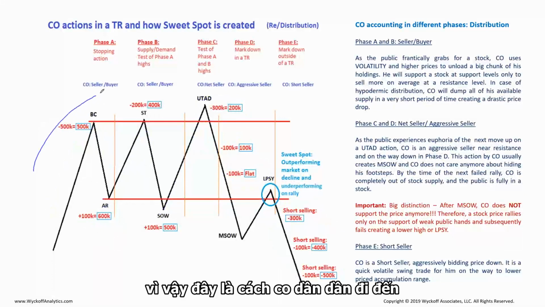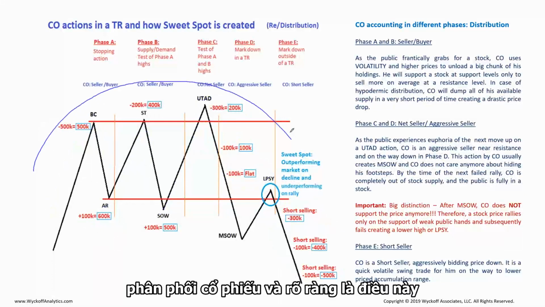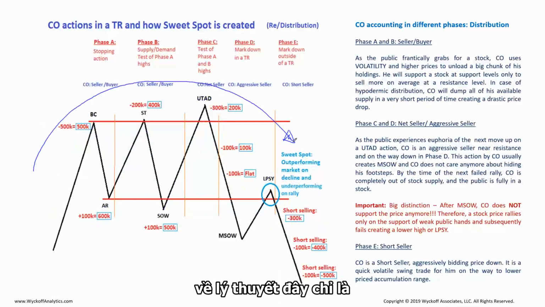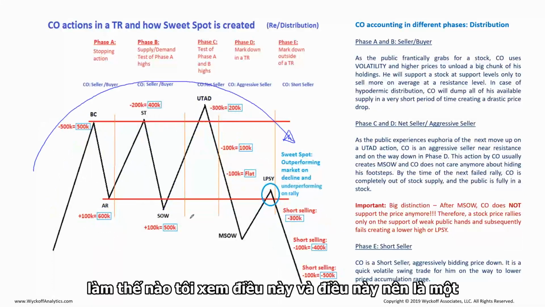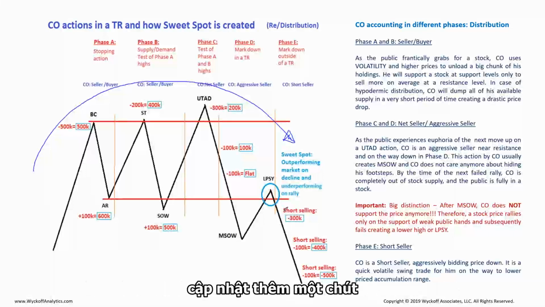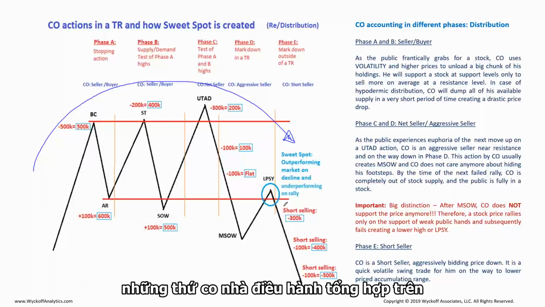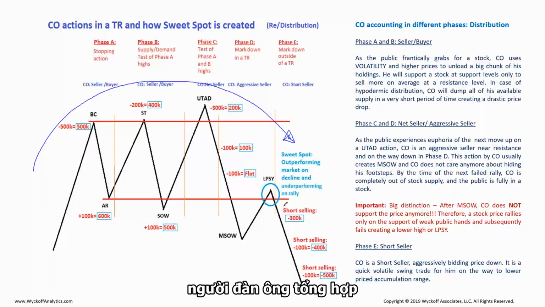So here is how CO gradually gonna distribute the stock. And obviously this is all in theory, this is just how I view this, and this should be a little bit more updated as to how this happens. But I want you to remember a couple of things. CO, composite operator, or the composite man, is of large quantity.